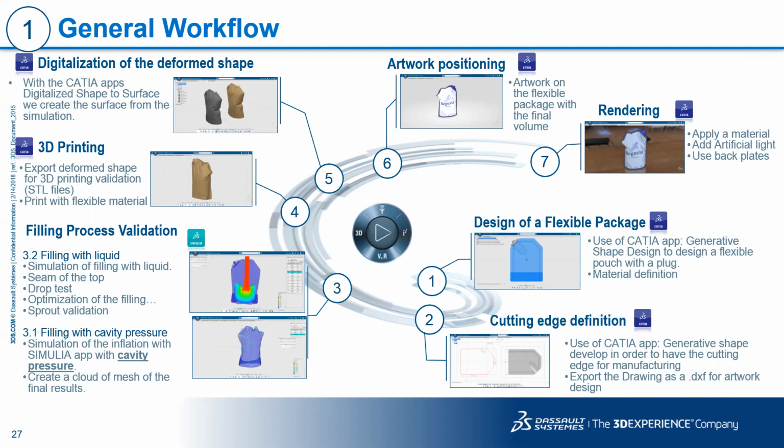You can optimize it in various ways, and we can also create a cloud mesh of the final result and export the STL file. Using the STL file, we can recreate the surfaces, or even 3D print it. We can extract the deformed shape again for subsequent artwork. And you can actually simulate how the whole end-to-end product would look on the shelf.